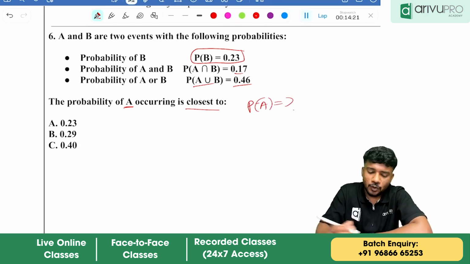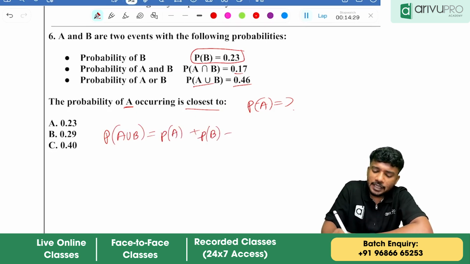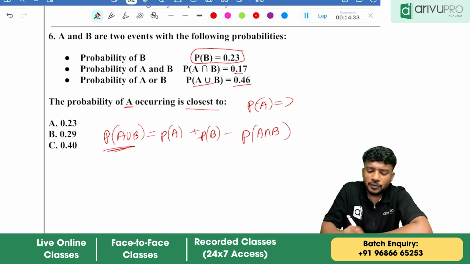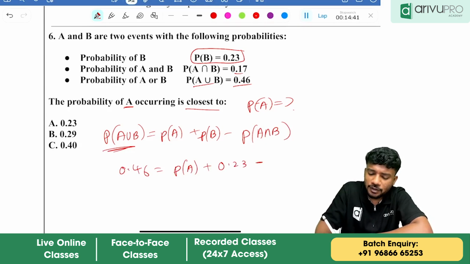Now, what is the formula we are going to use? P of A union B is equal to P of A plus P of B minus P of A intersection B. P of A union B is 0.46. P of A we need to find, plus P of B is 0.23, minus P of A intersection B is 0.17.